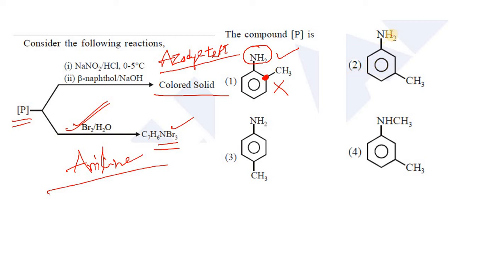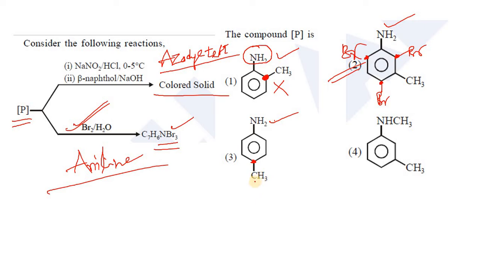And if you take second one, this one is primary aromatic amine, and here there is a bromination at two ortho positions and para position. So here there is a bromination, here there is a bromination, here there is a bromination. So this one is correct option. And if you take this one, it is also primary aromatic amine positive, but here para position is occupied by CH3.